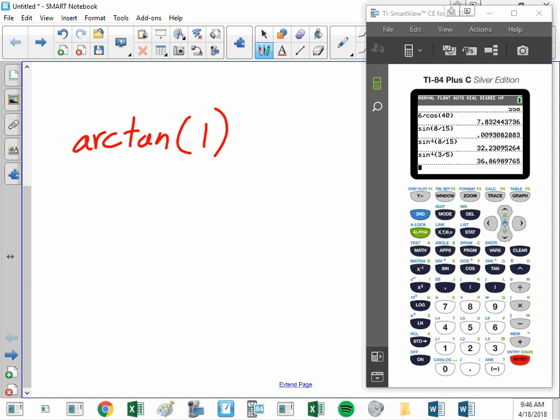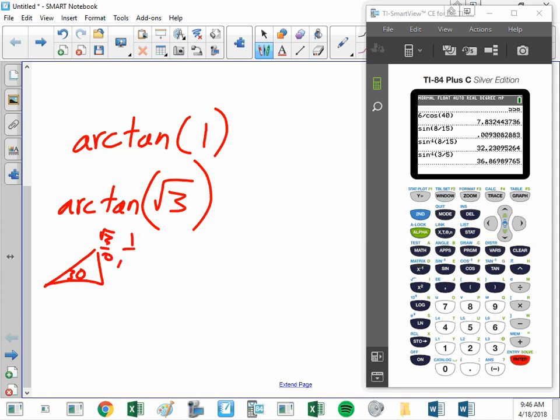Right? In order for the tangent to be 1, the sine and the cosine, or the y and the x, have to be the same value. Okay? What about the arc tangent of the square root of 3? So if I did the 30-degree angle, then I get root 3 over 2 comma 1/2.